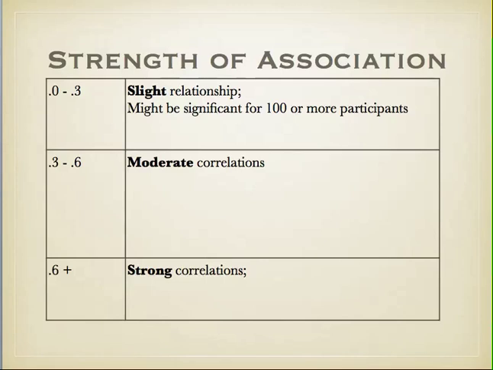We talk about how slight, moderate, or strong the correlations are. If that correlation is between 0 and 0.3, it's a slight correlation. Moderate is between 0.3 and 0.6, and 0.6 and above is a strong correlation.